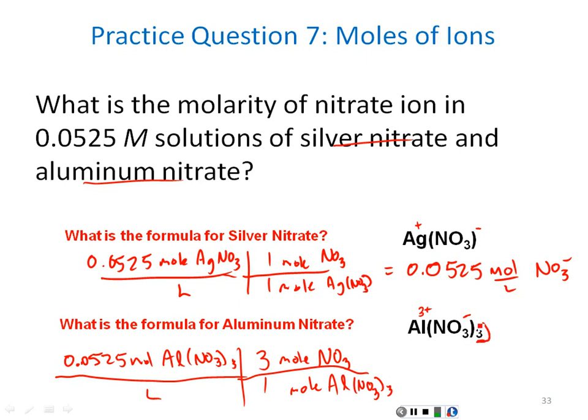That's because of this 3 here. That's telling us there are 3 moles of NO3 in every mole of this compound. So we multiply 0.0525 by 3, we get 0.1575 moles per liter of nitrate ion. And remember, these are strong electrolytes, so they completely dissociate in water, leaving their free ions.